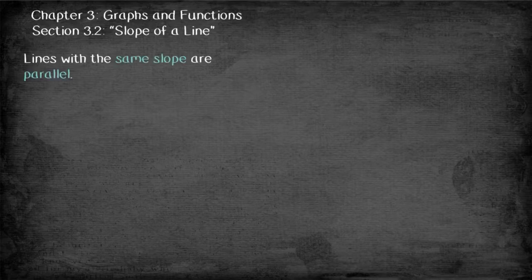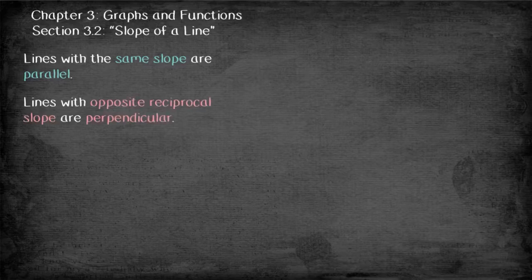A couple other important things that I want to point out. If you have two lines that have the same slope, they are considered to be parallel. And if you have two lines with opposite reciprocal slope, they are perpendicular, which means they intersect at a 90-degree angle.